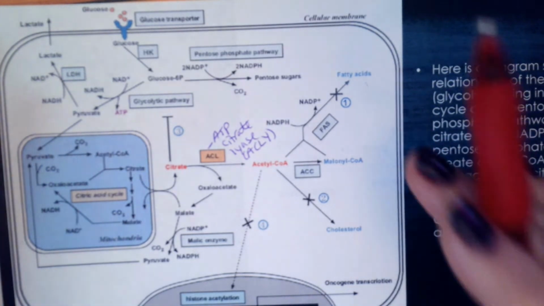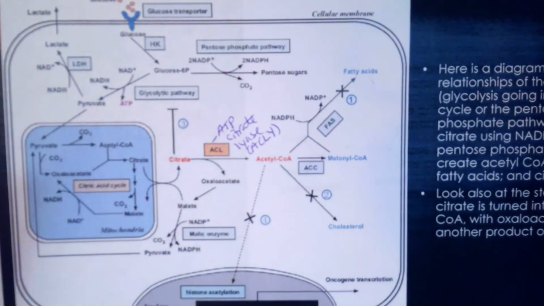So let's start out by looking at this with what we already know. Like I've said a million times, always look for what you know, what looks familiar in a metabolic map, and then just follow it step by step from there.